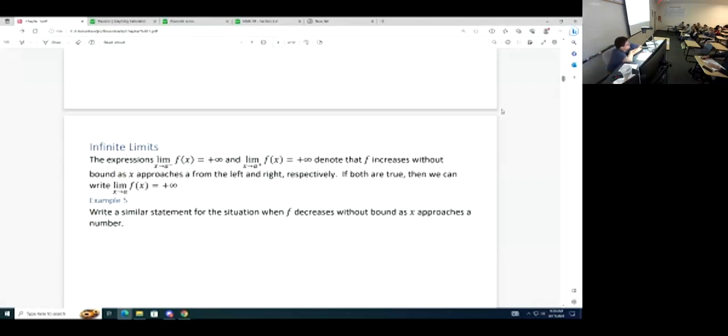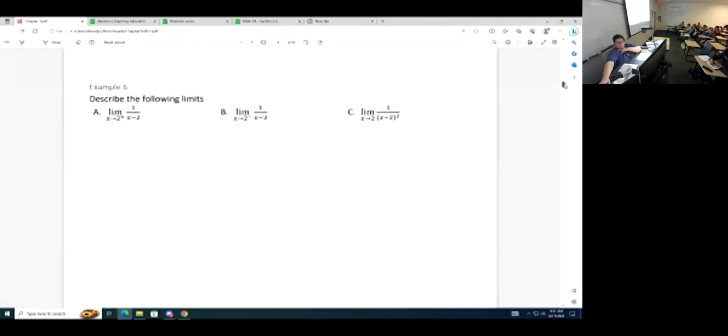It can rise forever and ever and ever. I think the expression is less helpful than looking at examples.